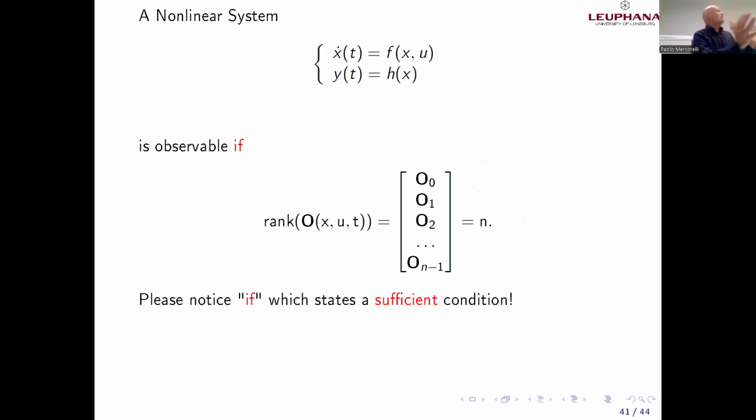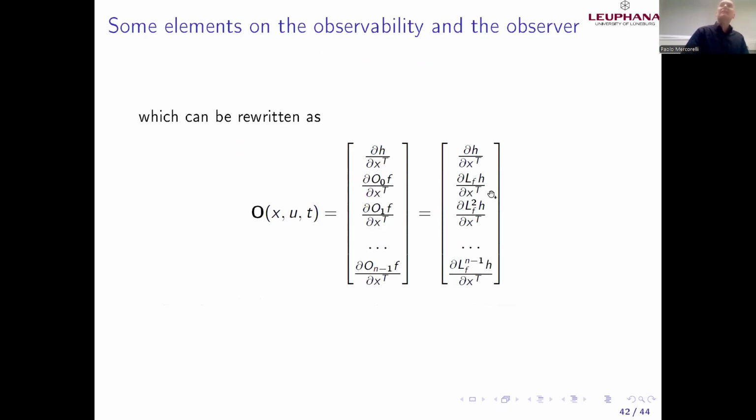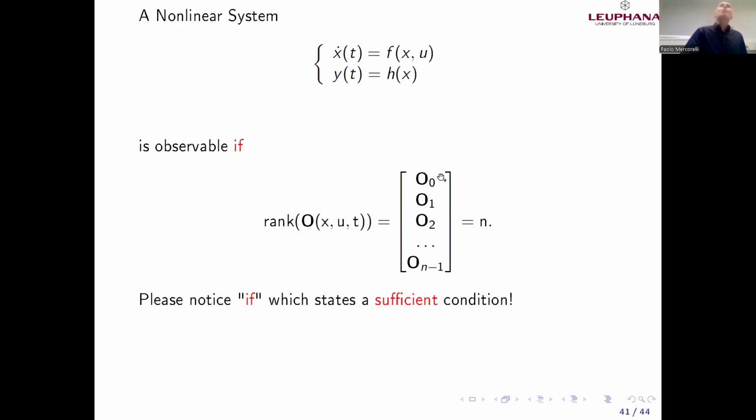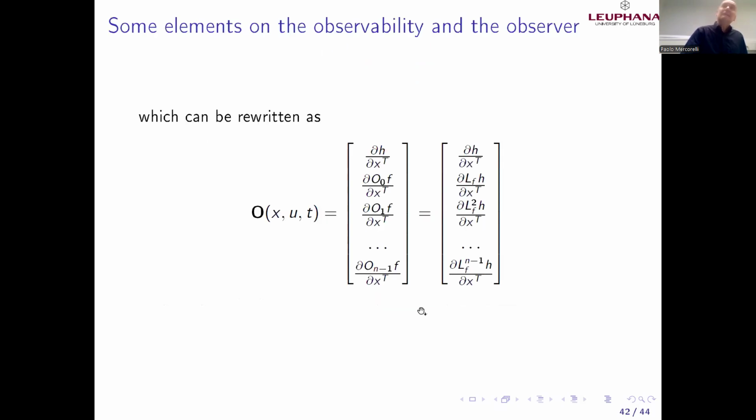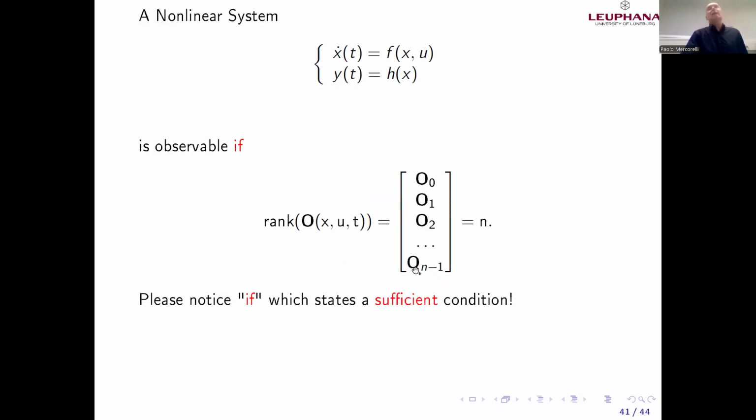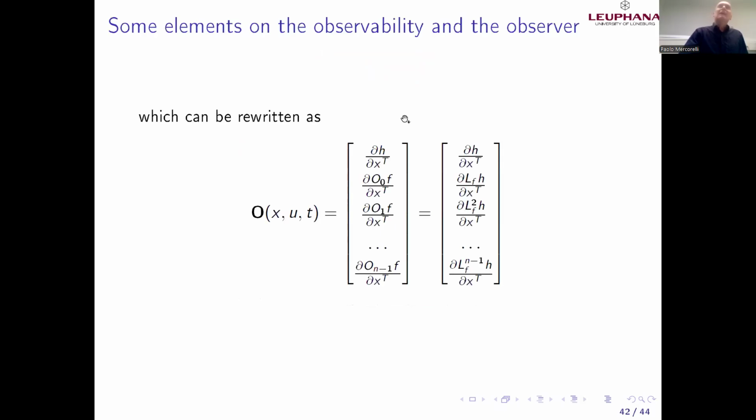I don't know if you remember the difference between necessary and sufficient condition, but I will do some exercise. Now, in order to clarify what this O0, O1, O2, up to On minus 1 is, I will use this slide here, but it's easier to do an example than to explain what is written here.